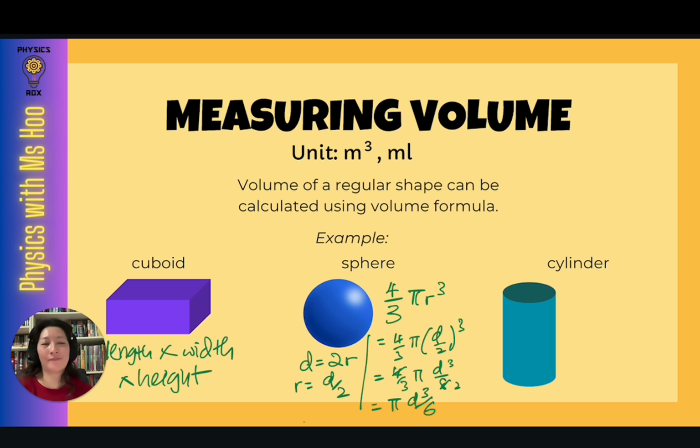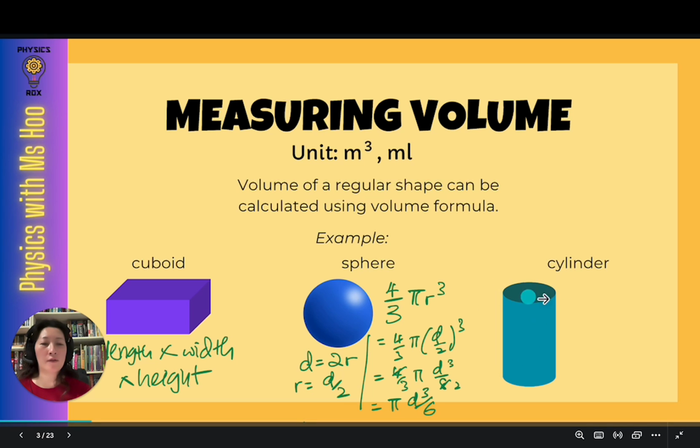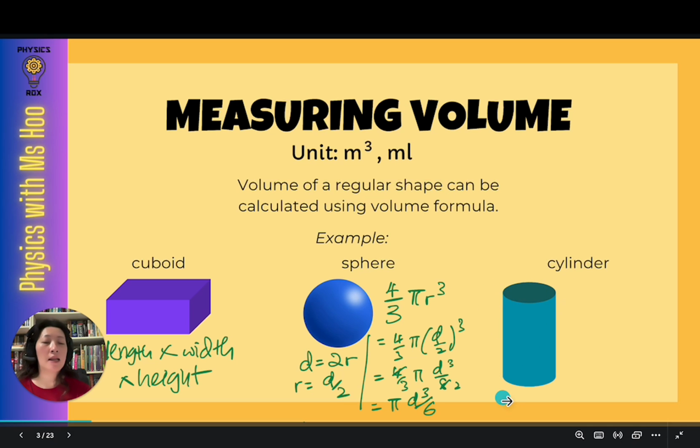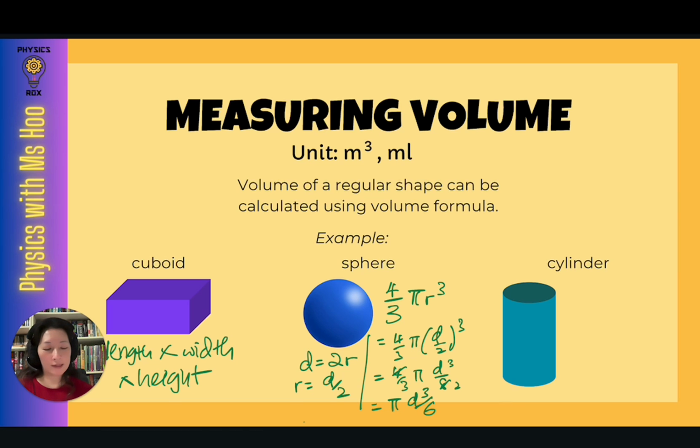Just use math. When it comes to a cylinder, we need to get the area of the cross-section, which in this case is the area of the circle, times the length of the cylinder, or height if you look at it that way. So I'm just going to put some labels here so that we can see the symbols. In this case, I'm going to put this as L, and let's say this is D. So to get the volume of the cylinder, we start off first with the area of the cross-section, which is the shape of a circle.